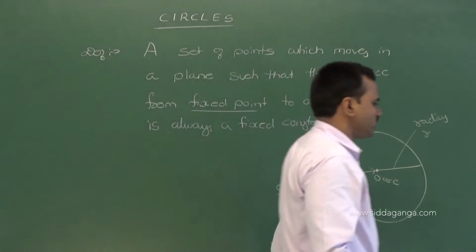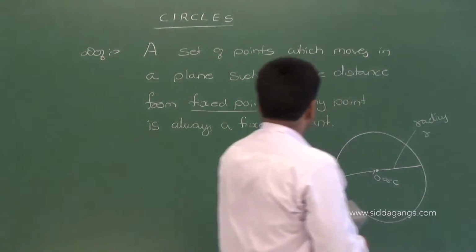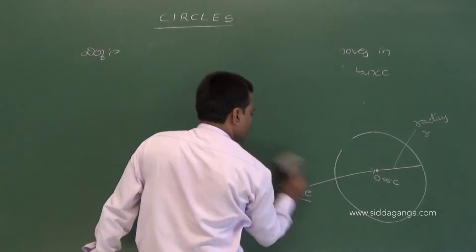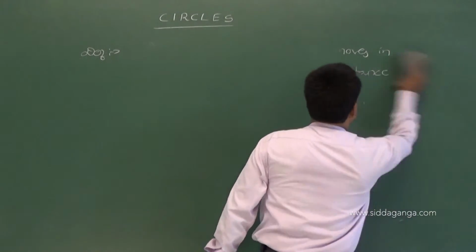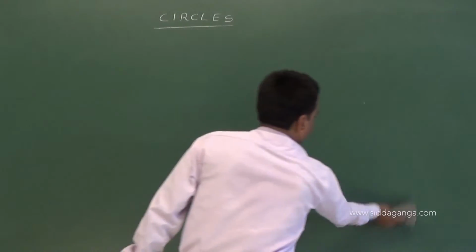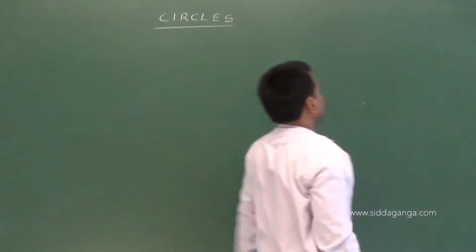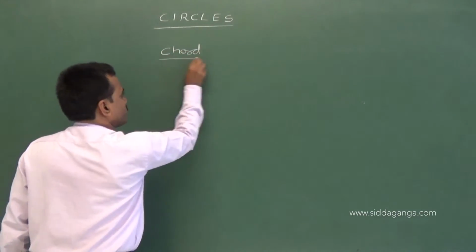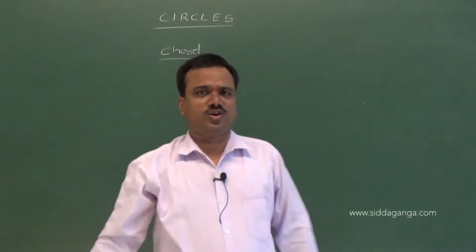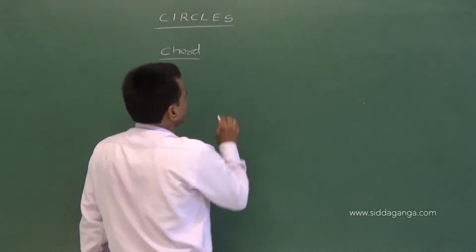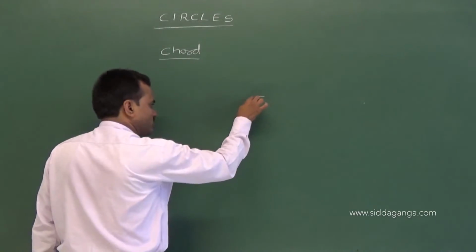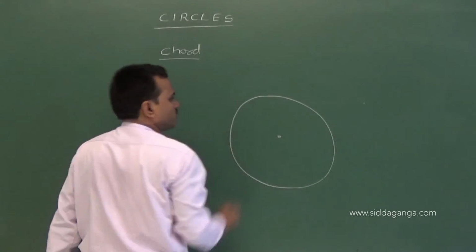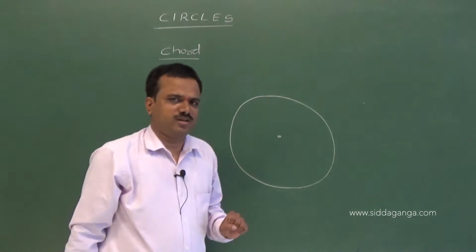After you know the definition of the circle, some of the concepts you already know. The first concept is chord. You already know in 9th class, chord. Chord means what? See, I draw a circle. This is our fixed point. By seeing the diagram we can explain.